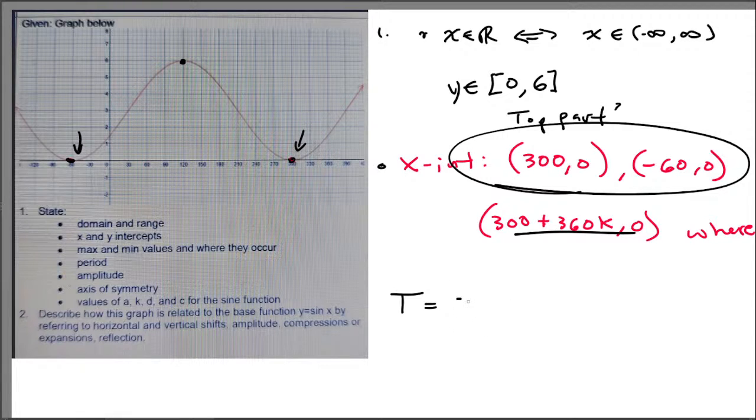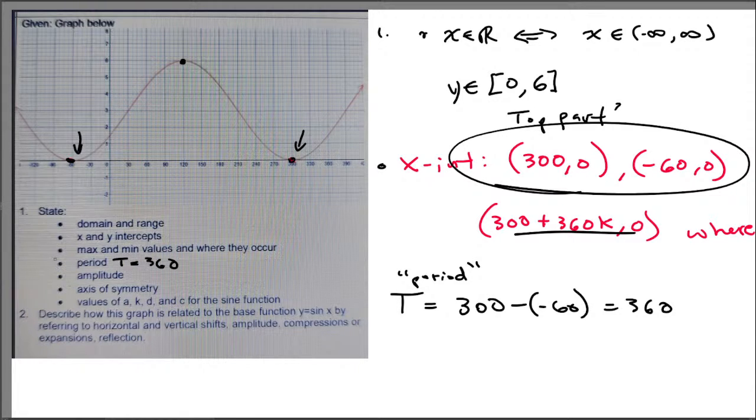And you actually saw me calculate this once. You do the later one minus the first one, which we have to do minus negative 60. And that becomes plus 60. So this is 360. So that's the period, is 360. So T is period. And that's here.